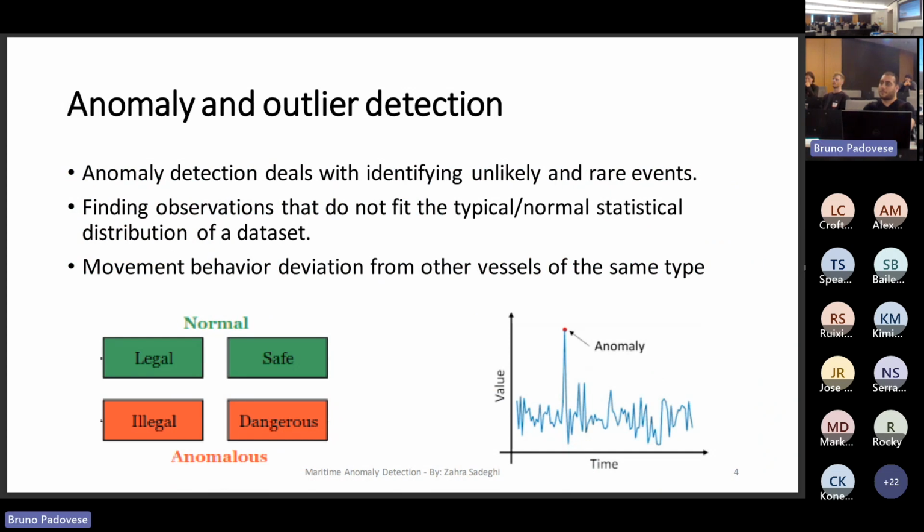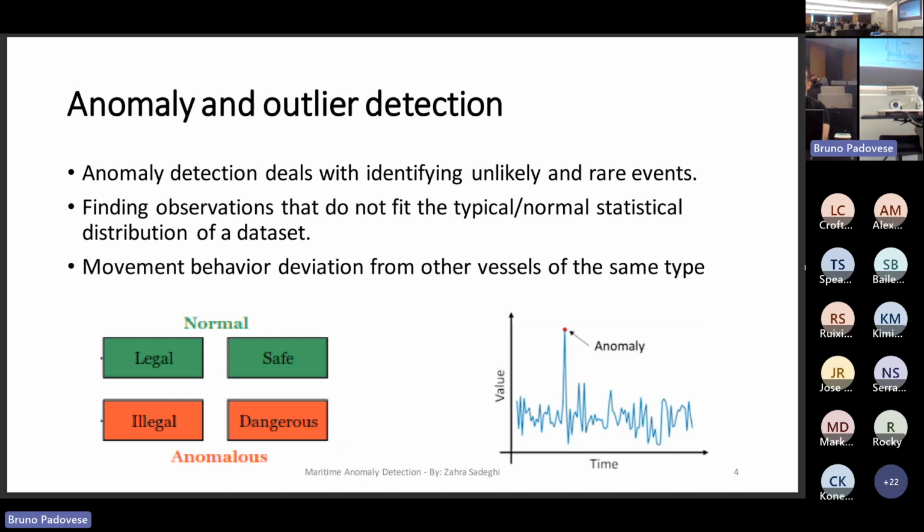Now, what is anomaly and outlier detection? Anomaly detection mainly refers to identifying unlikely and rare events. We mainly want to find the observations that do not fit with the typical, normal statistical distribution of the dataset.